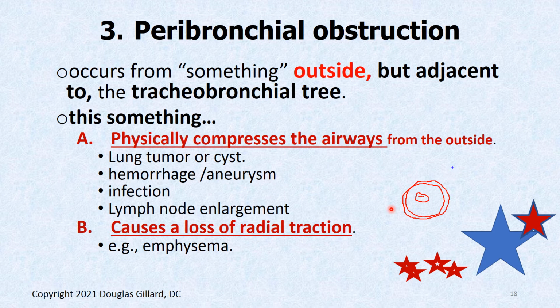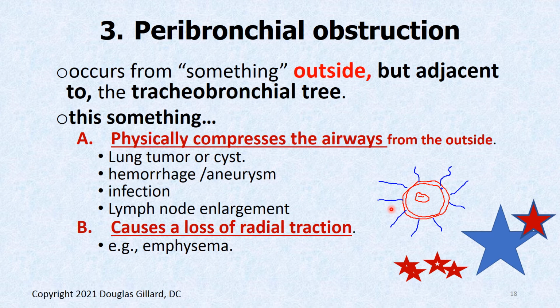So luckily, the parenchyma of the lung actually connects right into the outer wall of these terminal bronchioles. And because the lung, remember from anatomy, is like a sponge, right? If you squeeze it, it pops right back out.